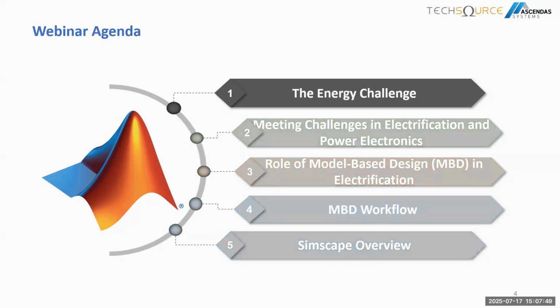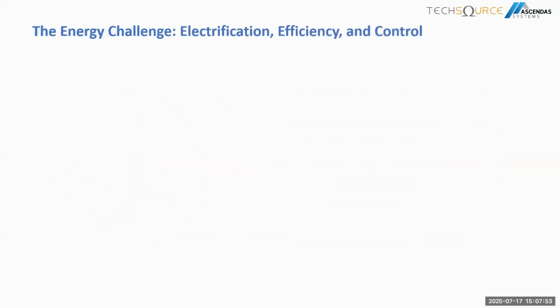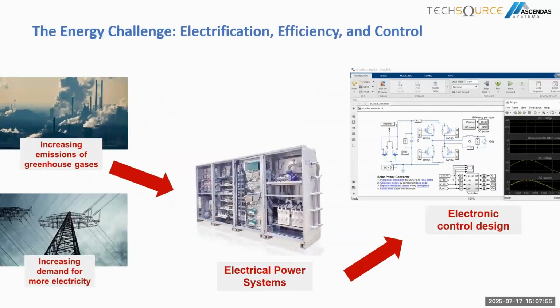Let me go through the electricity energy challenge that I was discussing earlier. To begin, why do we need to modernize our energy systems? This is a very big challenge for electrical engineers like us.